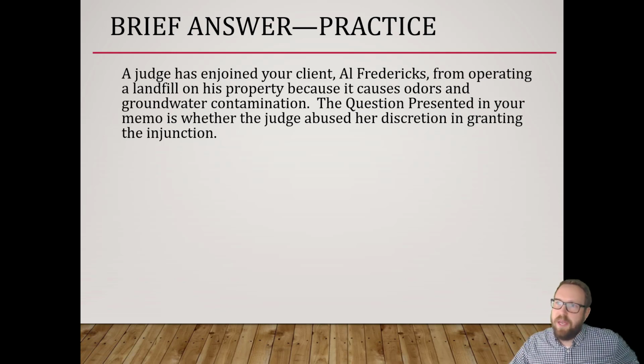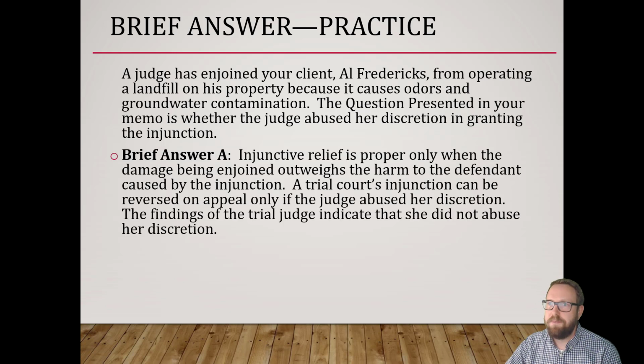Okay, so let me give you an example here. So here I just summarized a question presented. Basically it's whether a judge abused her discretion in granting the injunction. So that's the broad question. Was there an abuse of discretion? And then look at this brief answer. What do you think?